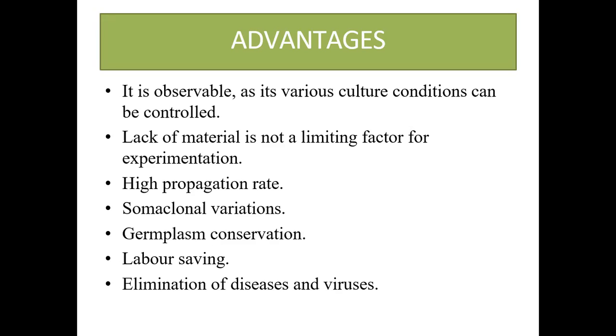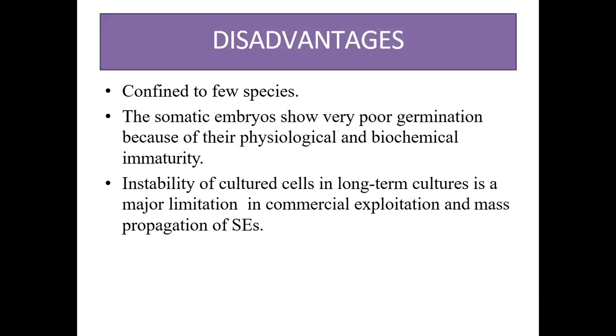Micropropagation through somatic embryogenesis has many advantages over conventional vegetative propagation, and its commercial use in horticultural applications and forestry is expanding worldwide. Various cultural conditions can be controlled, with a high propagation rate, and somaclonal variation can be used to preserve certain elite genotypes. Conservation of germplasm and elimination of diseases and viruses can also be done using somatic embryos.